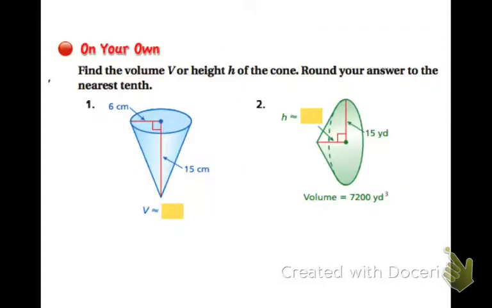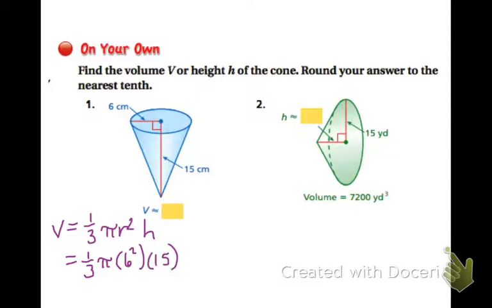So let's actually try this. Again, making sure we're using the right formula. It's always good to write it down. Volume is equal to 1/3, and then the area of the base is a circle, pi r squared, times the height. So 1/3, and then 6 squared times 15.